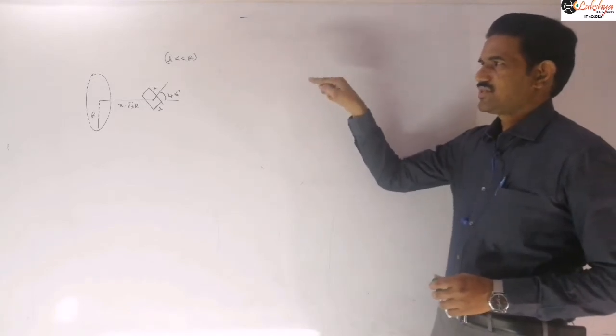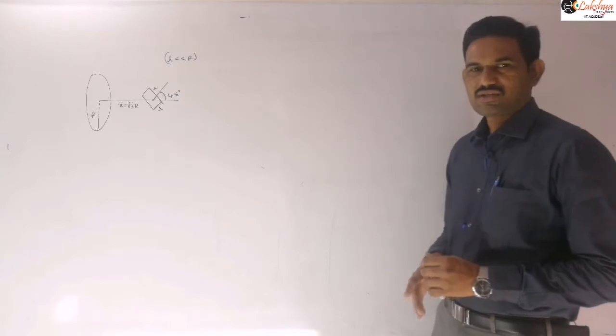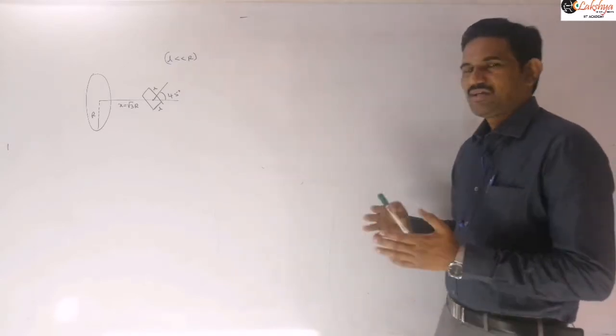Small l is very much less than capital R. That is the given data. Now we need to find the mutual inductance. It is one of the previous Advanced questions, so you need to calculate in a similar way.